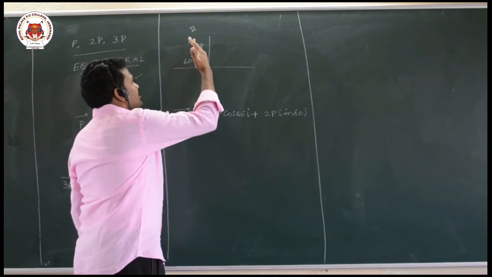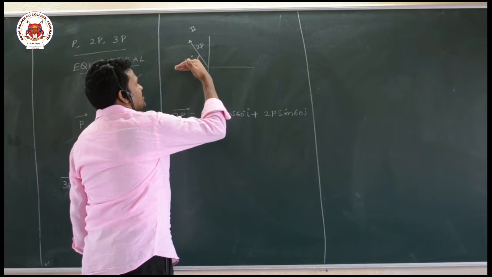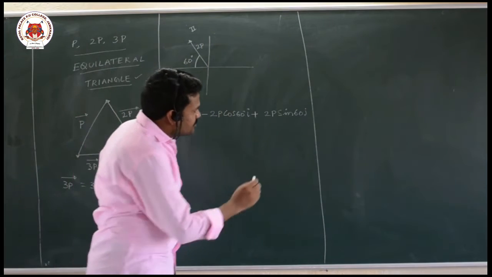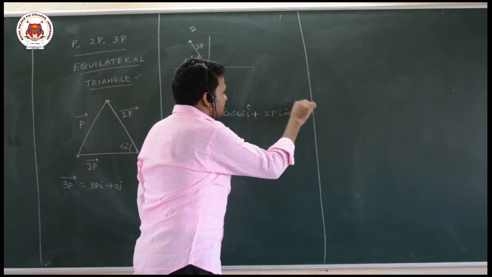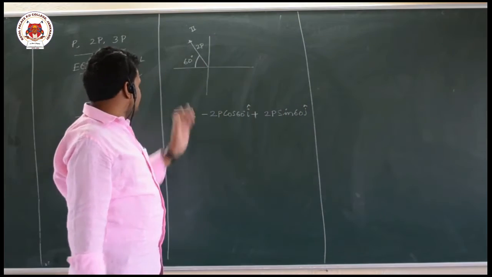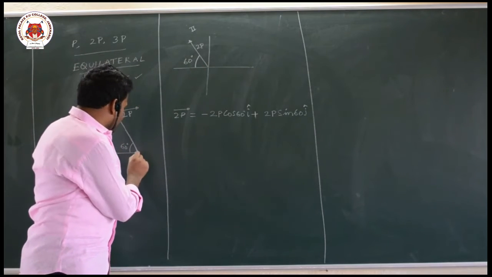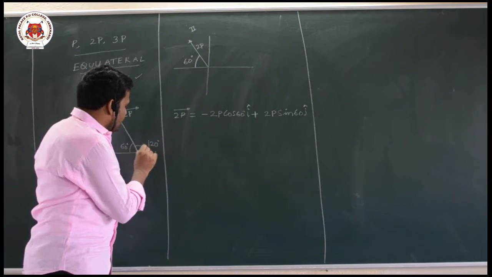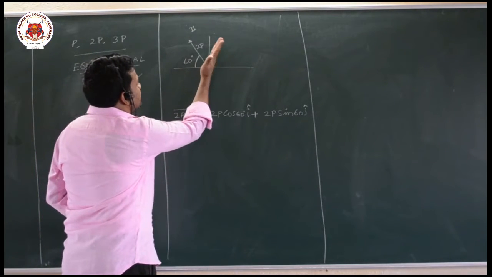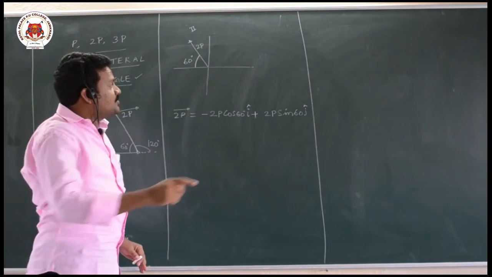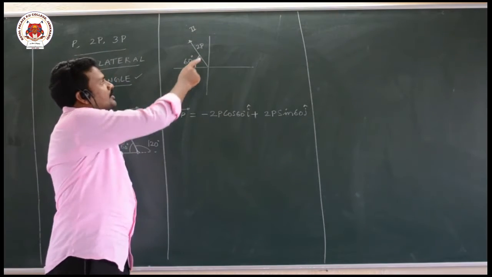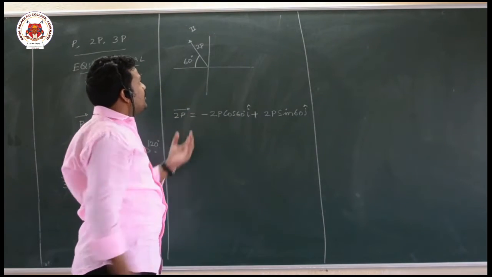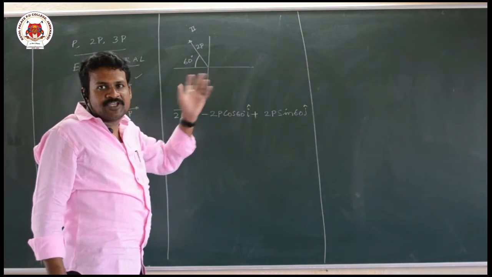You can observe here this is the representation. How are we taking this? Once you observe this angle, it is 120. So the vector will come in the second quadrant like this. As the vector is coming in the second quadrant, I write minus 2p. Why am I taking this minus? Because it is in the second quadrant: x is minus, y is plus.